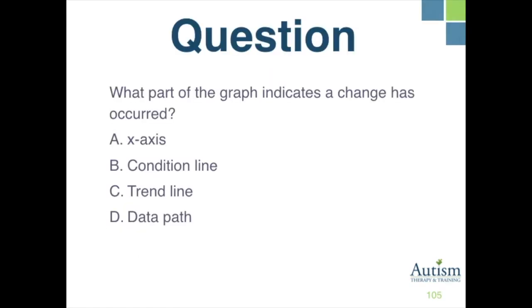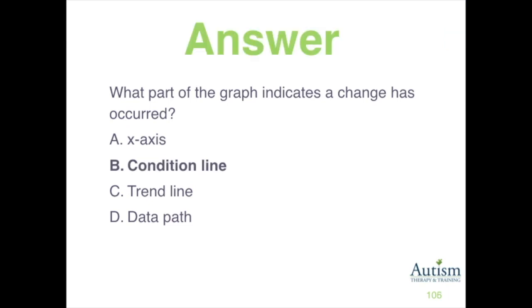What part of the graph indicates a change has occurred? A, x-axis, B, condition line, C, trend line, or D, data path? And the correct response is B, condition line. Well done.